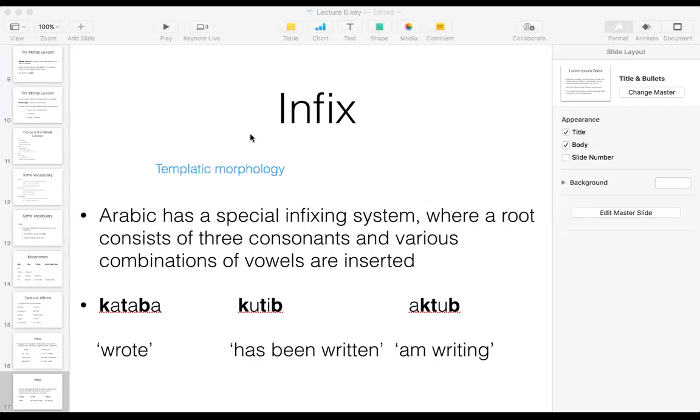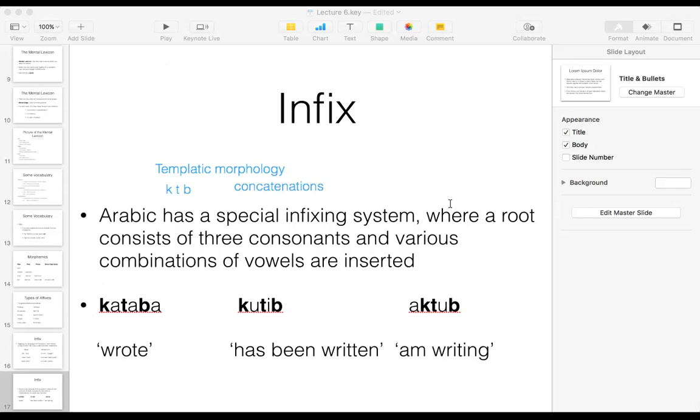So templatic morphology is basically when you have 2 or 3 consonants. So in this case, you have the katab, that's what we call it, KTB, and then you add different concatenations, right? We call these concatenations, which are different permutations and combinations of sounds, to get different words.